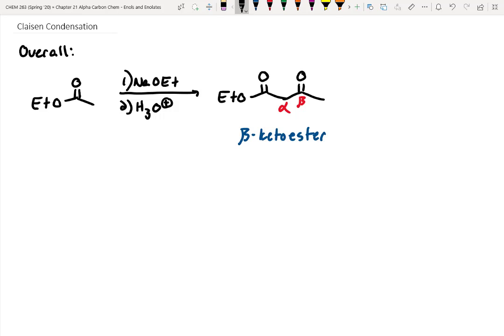I did want to make an important note though, and this note has to do with the base selection. Up here I said that I wanted to use sodium ethoxide, and that was on purpose. I want to be sure to match my base with the alkoxy group on my ester. That way I can avoid any unwanted transesterification. So let's make a note that the alkoxide base should match your ester.